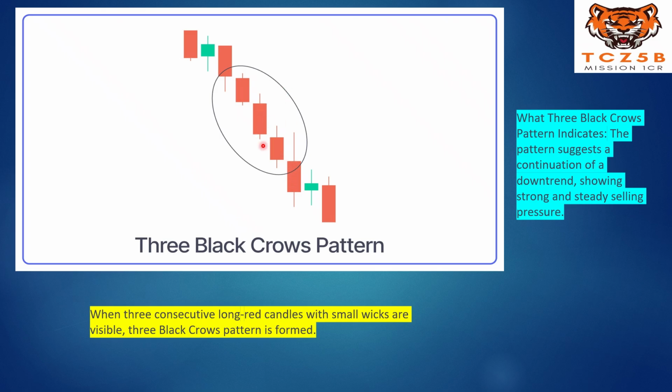Long red candles with small wicks are visible, and the three black crows pattern is formed. The pattern suggests a continuation of the downtrend, showing strong and steady selling pressure. You can see how it is continuous.